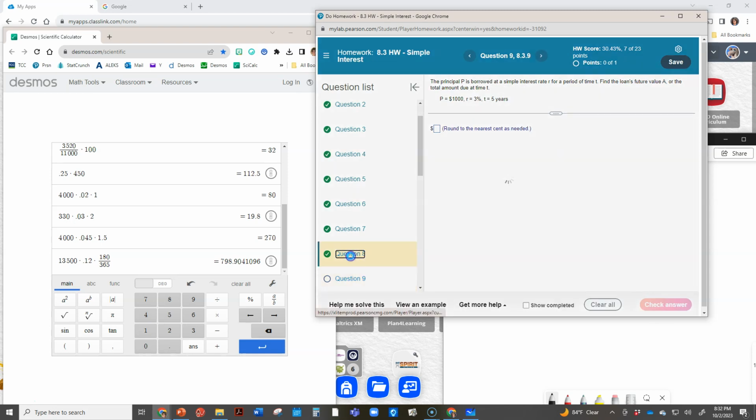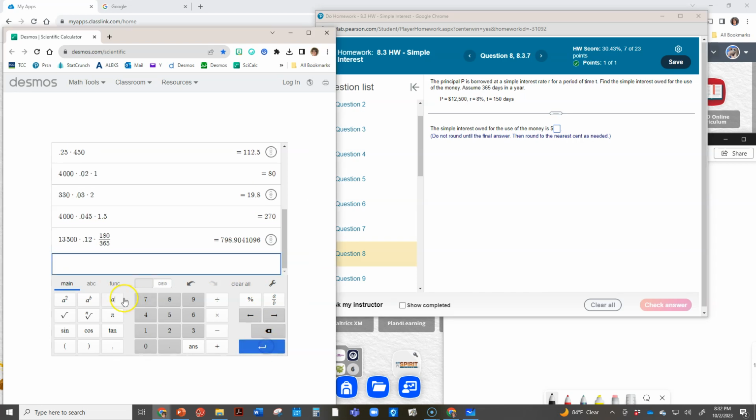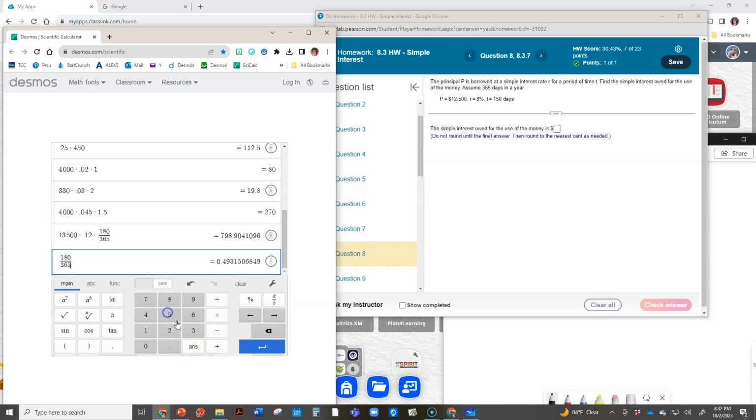So the fact that they told me right here not to round until my final answer is why I typed that 180 over 365 into the calculator. I would just bet that if you do 180 divided by 365, you get a lot of decimals, and if you round that decimal, let's say you take the 0.49 and do this multiplication, and instead of doing the 180 over 365, you use the 0.49, you're going to get a different answer.